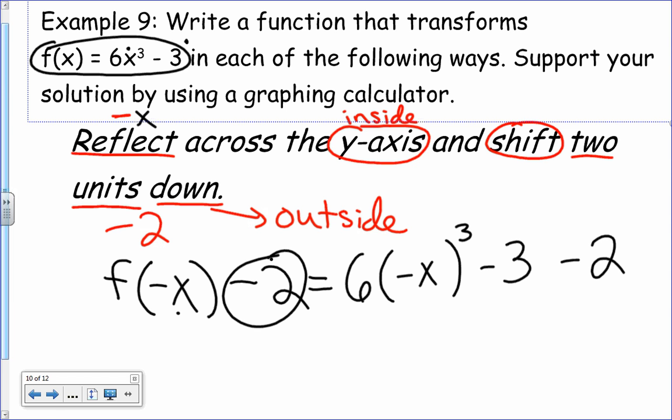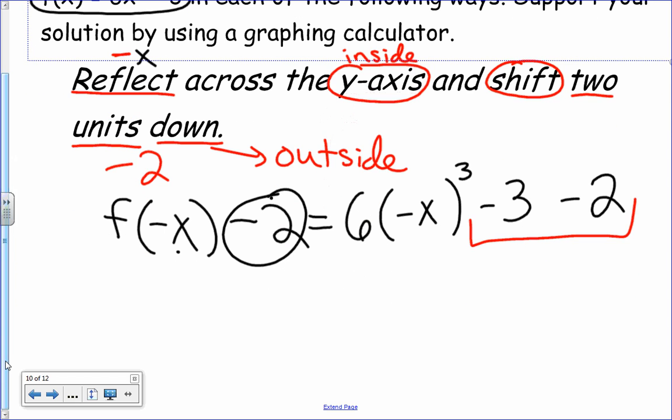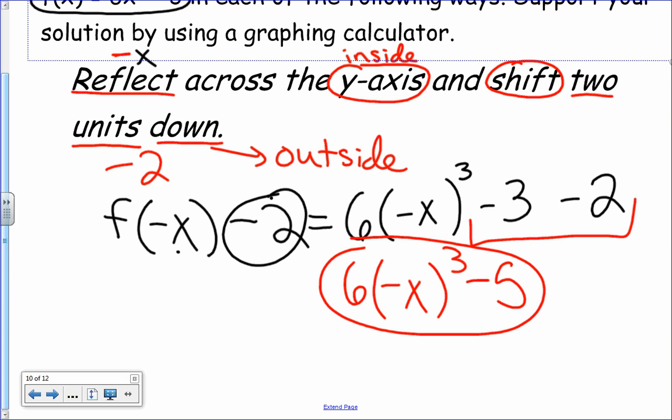Now, what did we do yesterday right here? We combine like terms, and we can still do that, right? That should be fairly straightforward, all right? -3 and -2 combine to make -5. Very good, George. So we'll have 6 times -x to the third, -5. And we implemented those 2 transformations into our example.